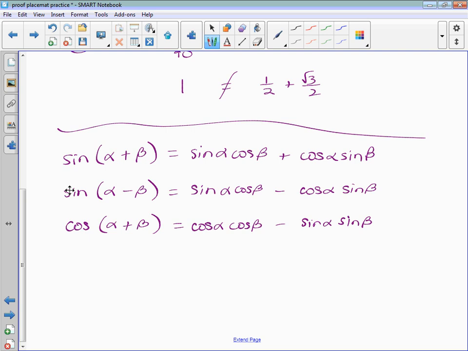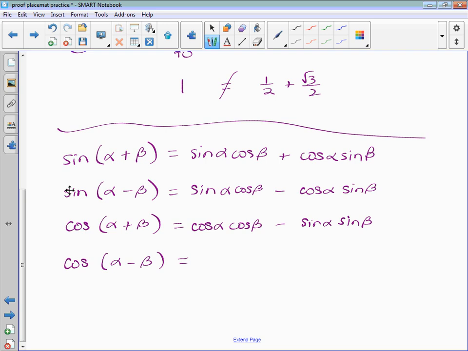Cosine's like your x value. That's always trickier with the x's than the y's. So would it be correct to say that sine alpha cosine beta is equal to cosine of alpha plus beta? No, because this one's sine cosine, this one's cosine cosine, so they're not the same.